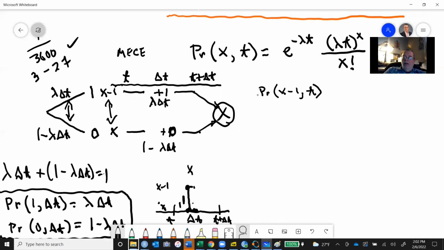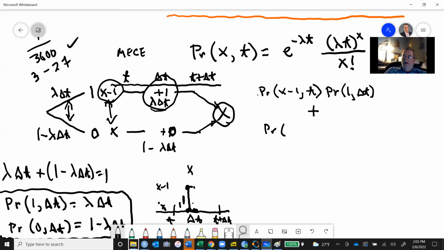And that's a both-and relationship. It's both this occurring and this occurring at delta t in the transition. So it's the probability of 1, in a very small time interval, and we know what that probability is. Mutually exclusive, completely exhaustive, we add them together. These are either-or logical statements.